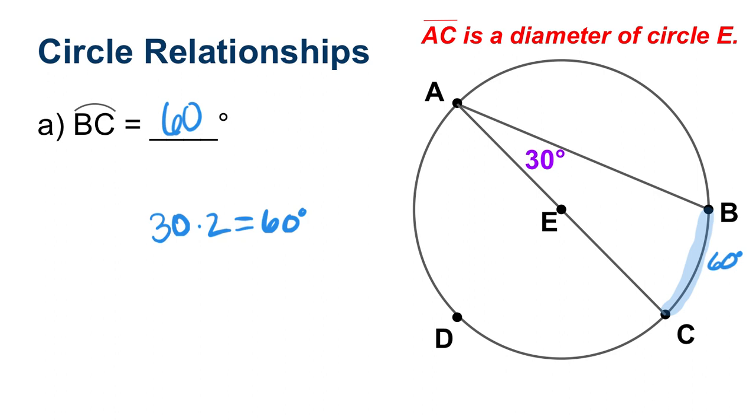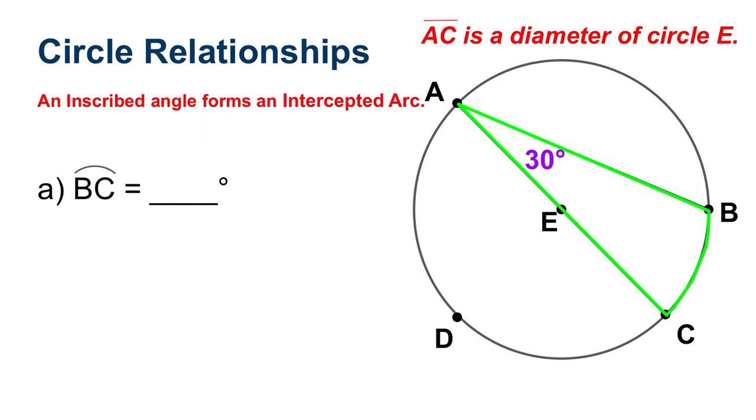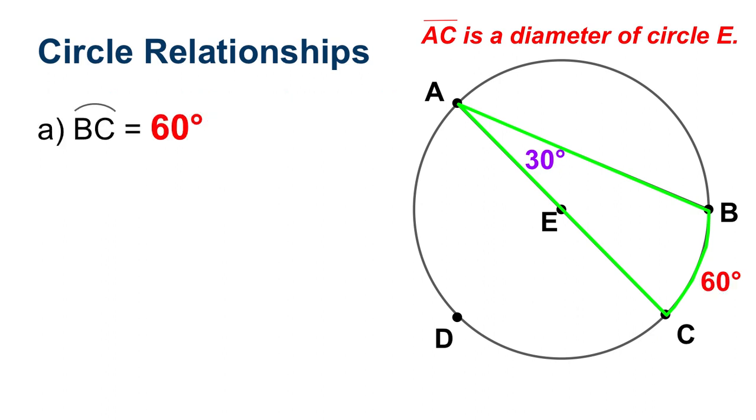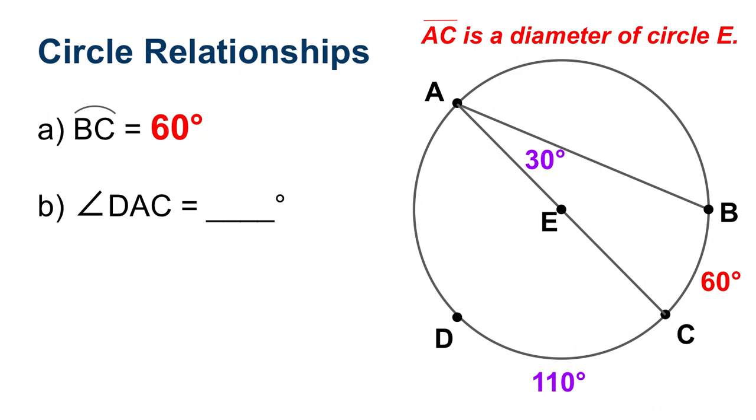So let's build on this problem a little bit. If we know that that arc is going to be 60 degrees, let's see if we can figure out how big angle DAC would be. That would be this angle right here that I've got in green.